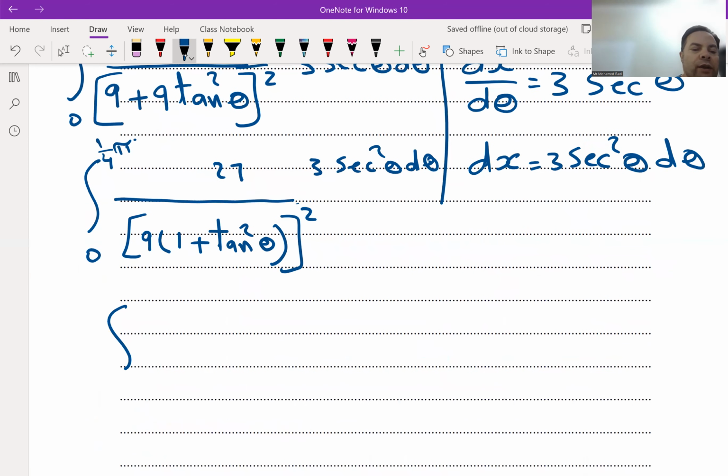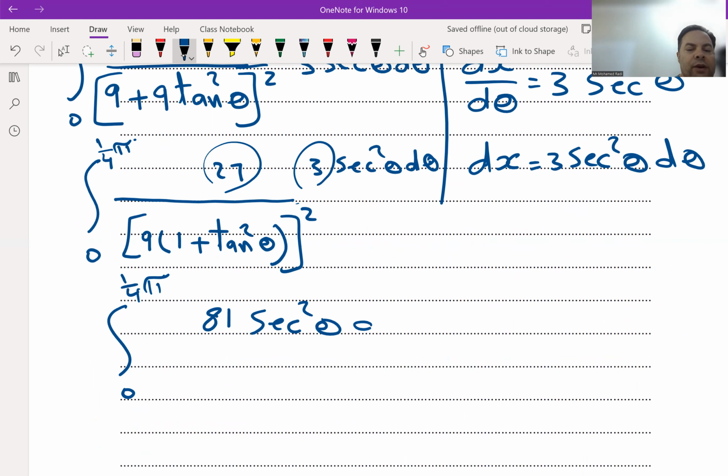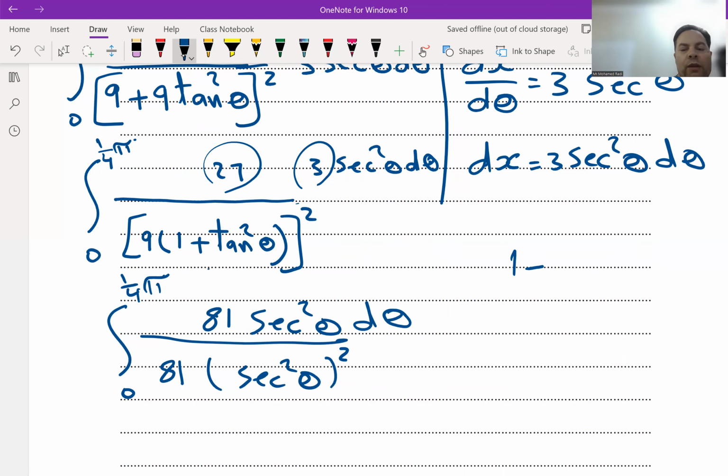So integrate from 0 to pi over 4, 3 times 27 is 81, sec squared theta d theta, all divided by 9 squared, which is 81, times (1 plus tan squared theta) squared. 1 plus tan squared theta is sec squared theta.